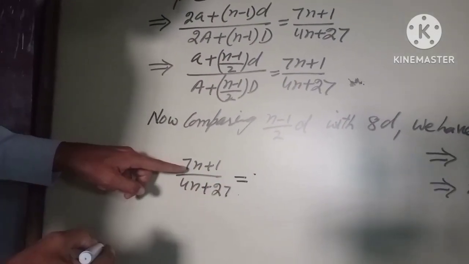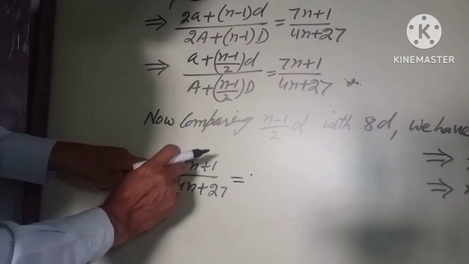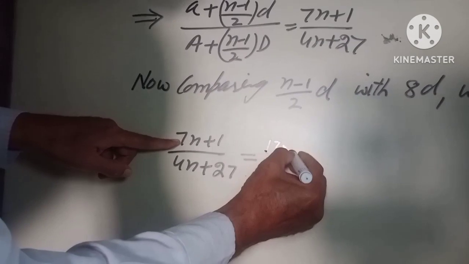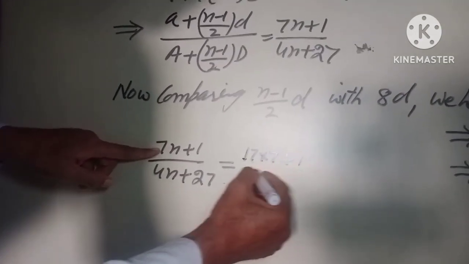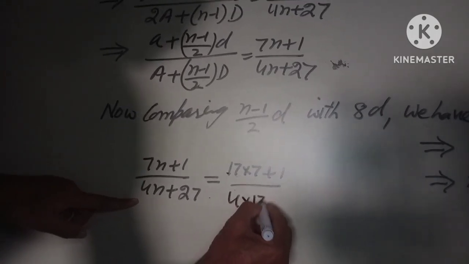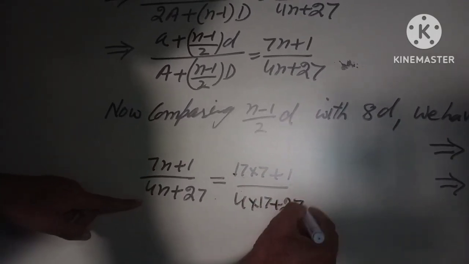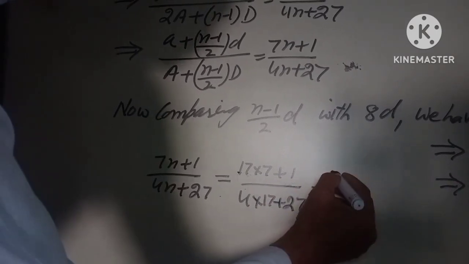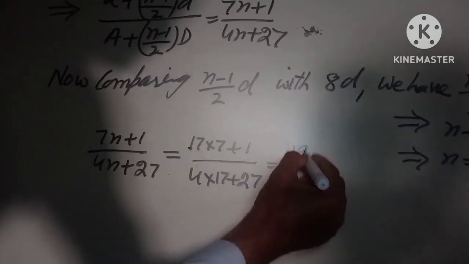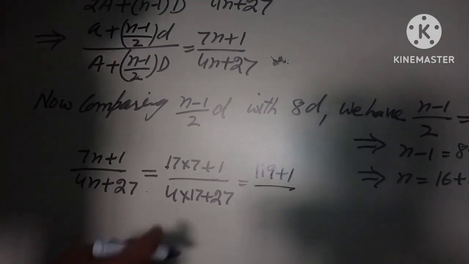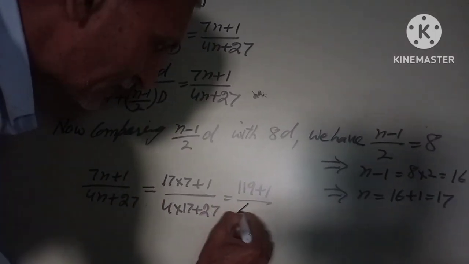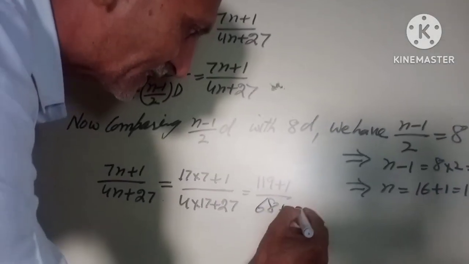This will give you 17 into 7 plus 1 upon 4 into 17 plus 27, and this should give you 17 times 7 is 119 plus 1 upon 17 times 4 is 68 plus 27.